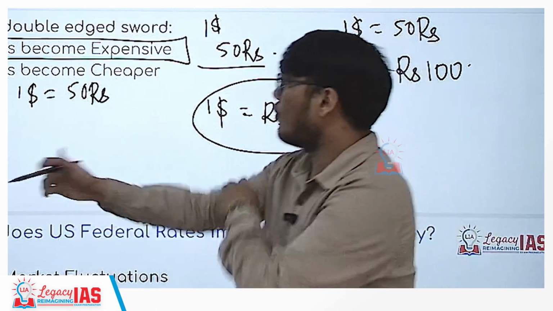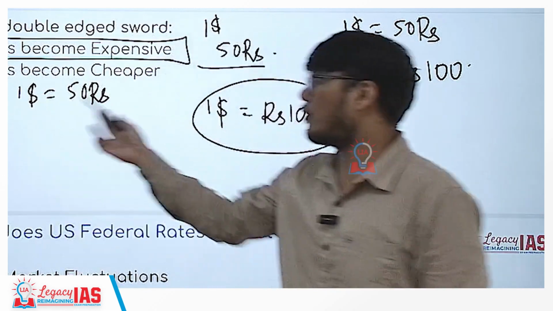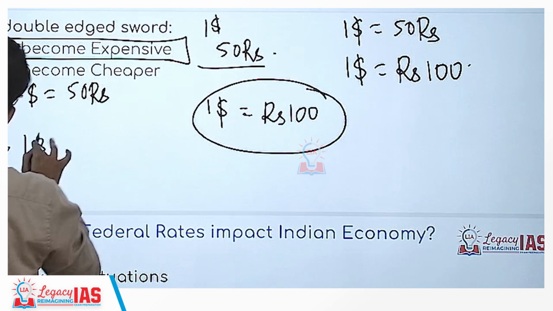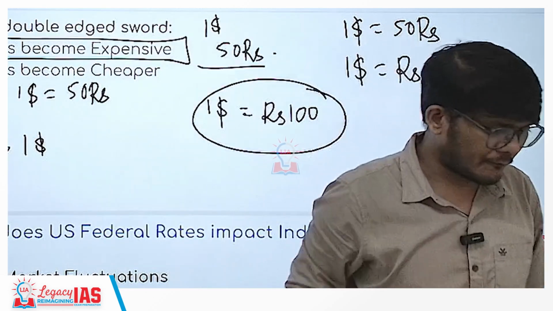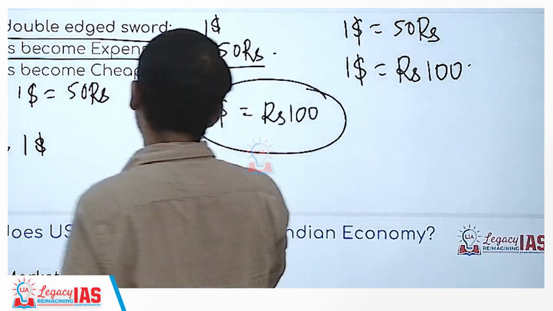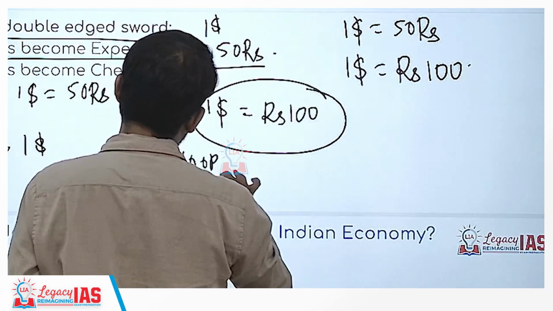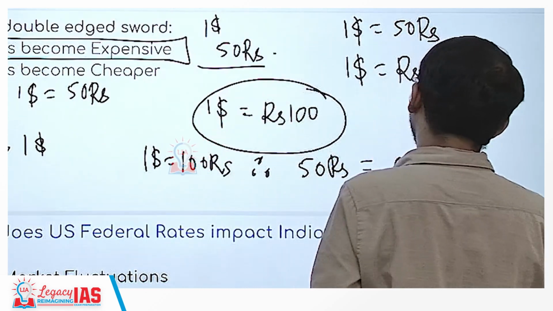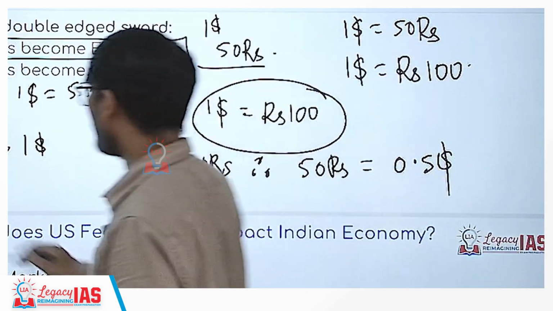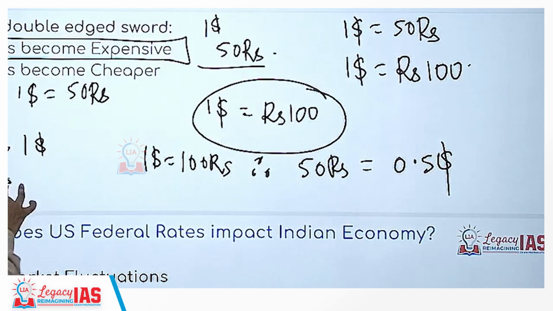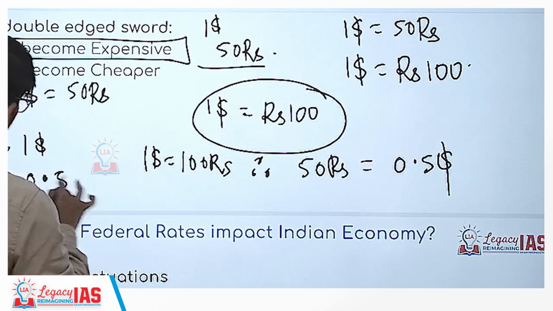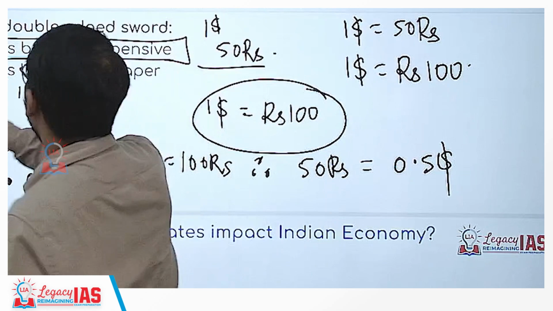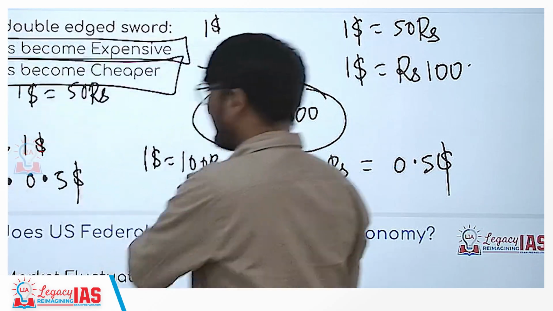Now $1 is equal to 100 rupees. Therefore, for 50 rupees, how many dollars do you have to give? Just $0.5. So now one pen is going to cost you just $0.5. So it is cheaper, more people would want it, your exports become cheaper, right? So that's a positive.